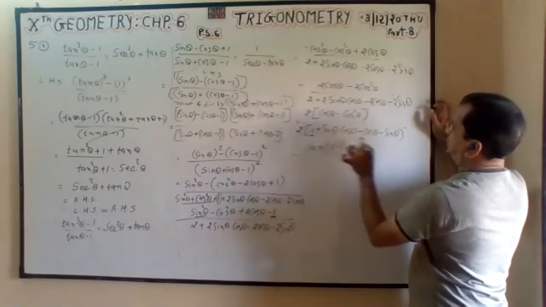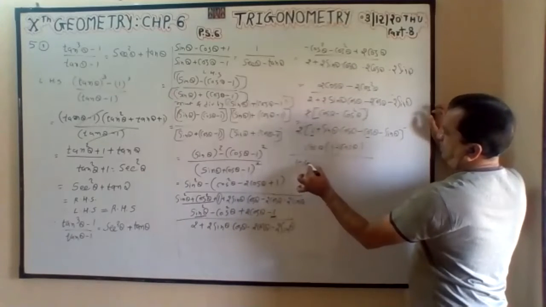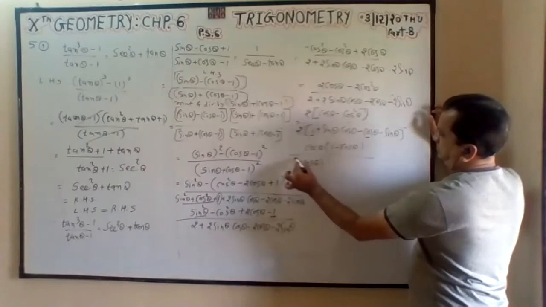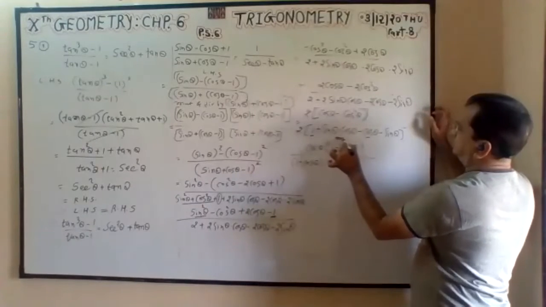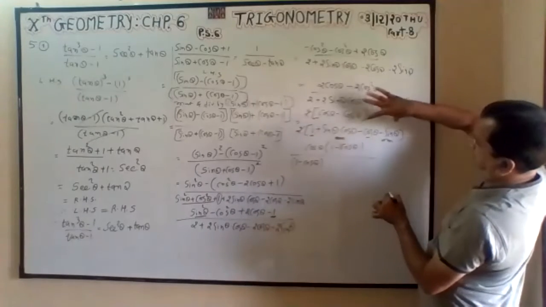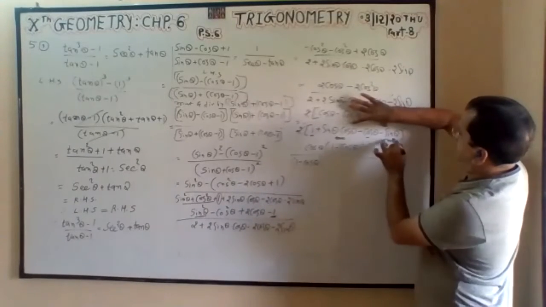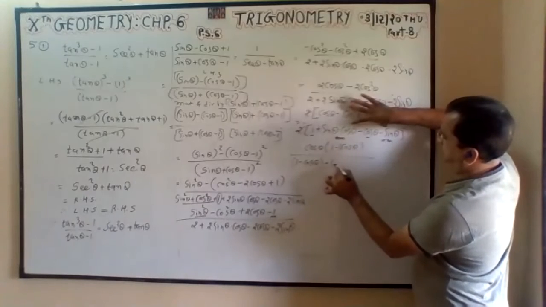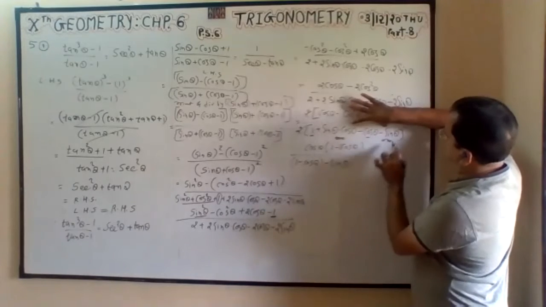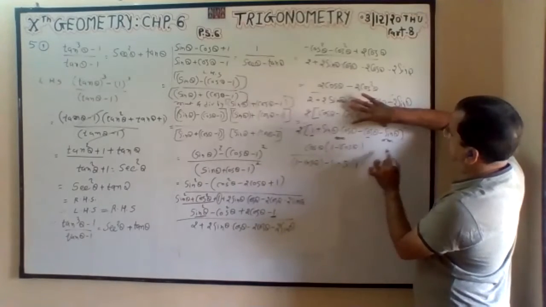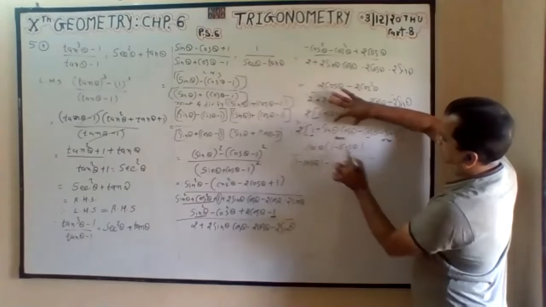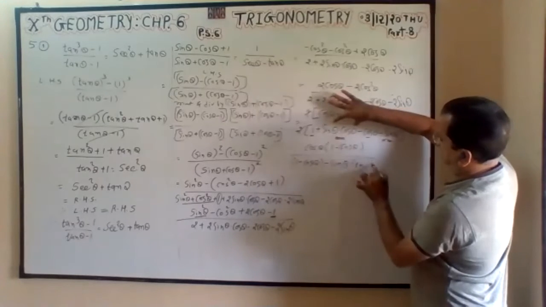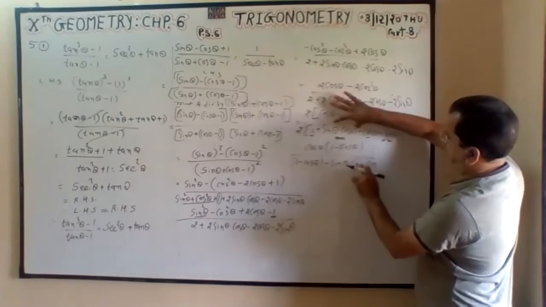Now I will write this and this first: 1 minus cos theta. Now from this and from this I will take minus sin theta common. Minus sin theta out, so 1 only. From here minus sin theta out, so minus minus plus sin cos.